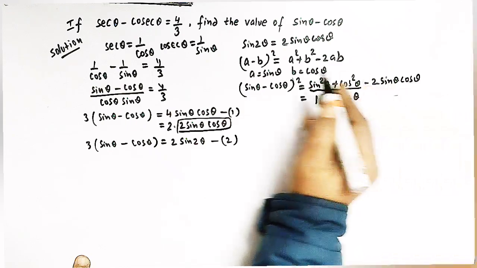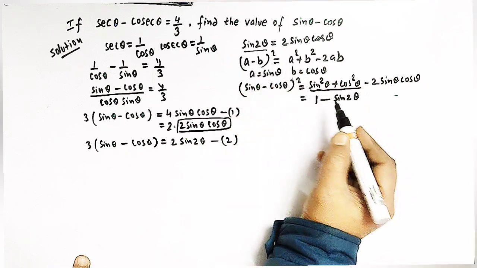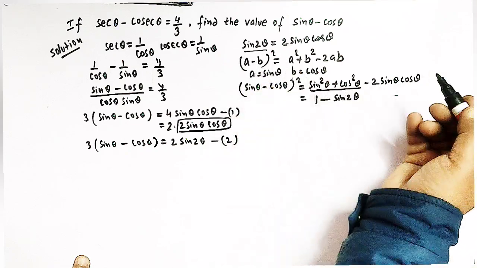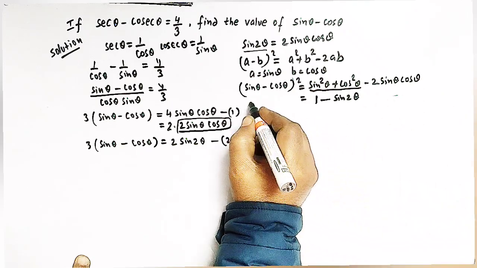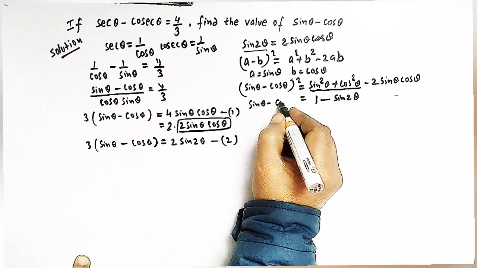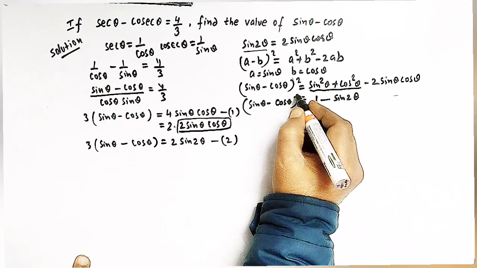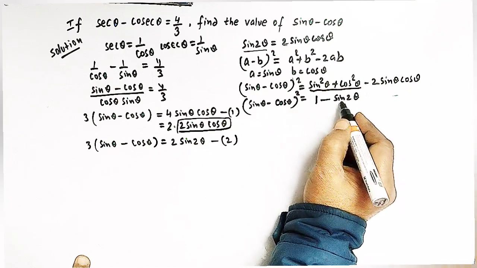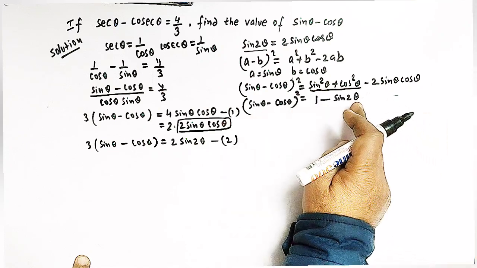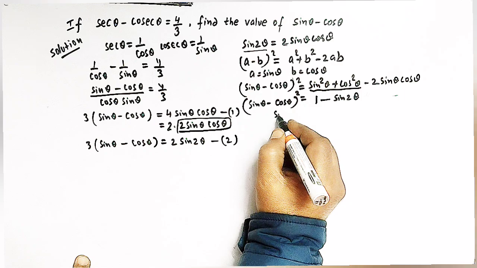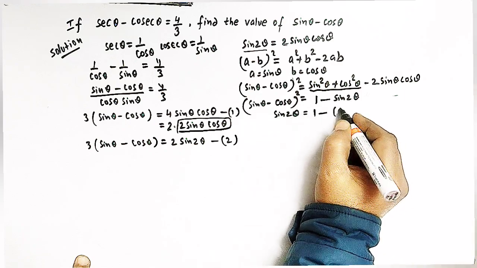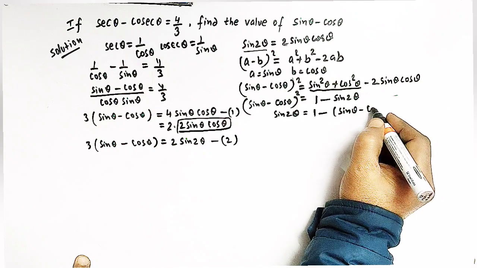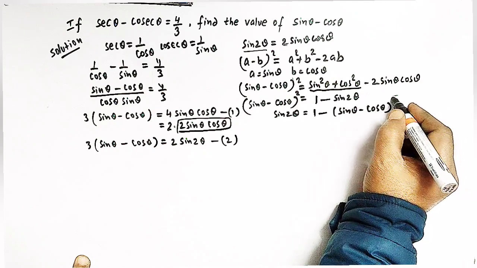So 2 sine theta cos theta can be replaced by sine 2 theta, and sine square theta plus cos square theta is equal to 1. So we have sine theta minus cos theta square is equal to 1 minus sine 2 theta. Let us rearrange the terms. So we can now write sine 2 theta is equal to 1 minus sine theta minus cos theta square.